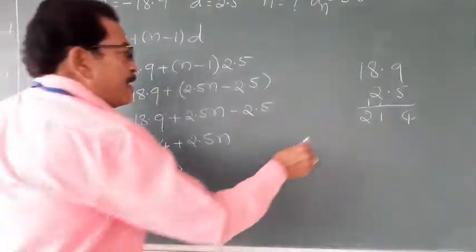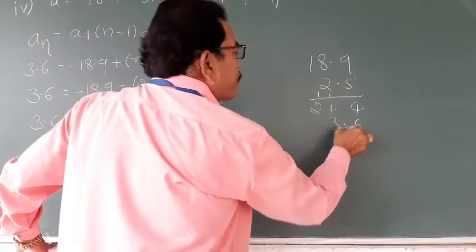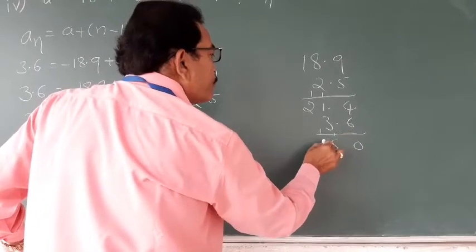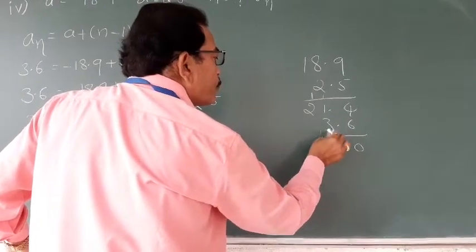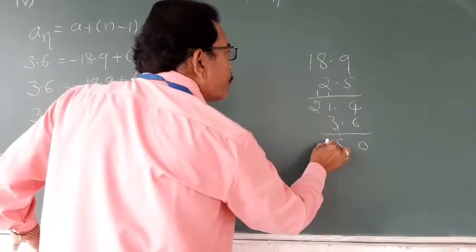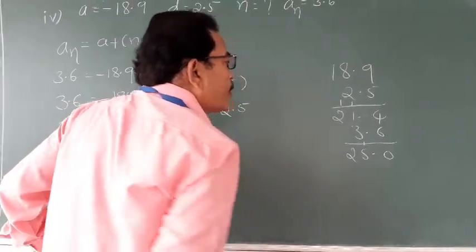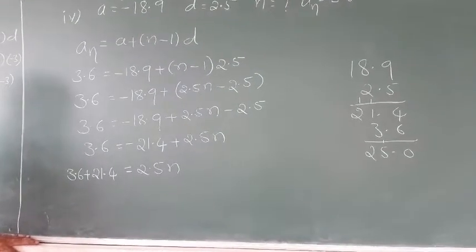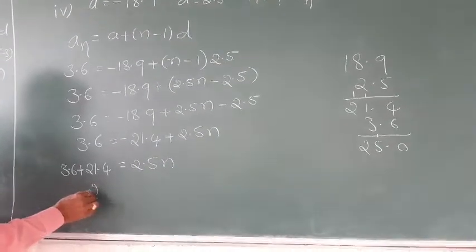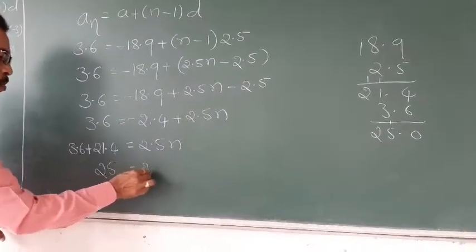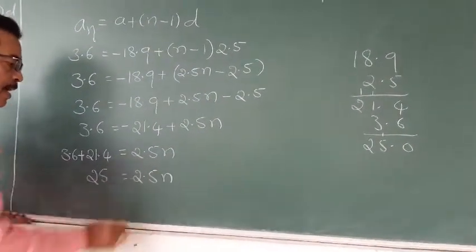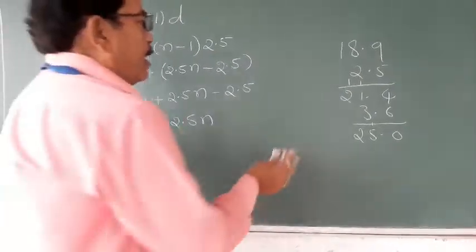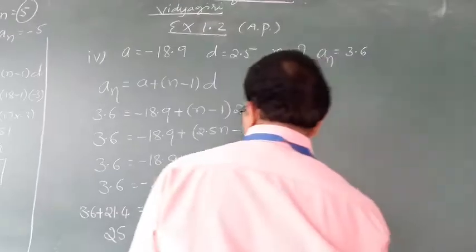Adding these, that is 25 equals 2.5 n. Then we have to find the value of n.